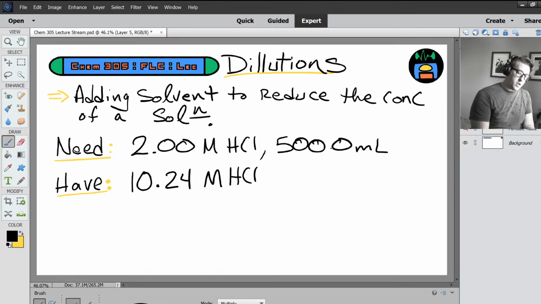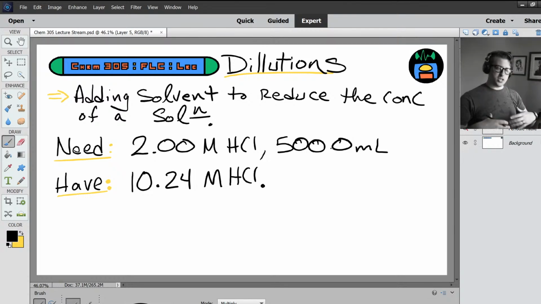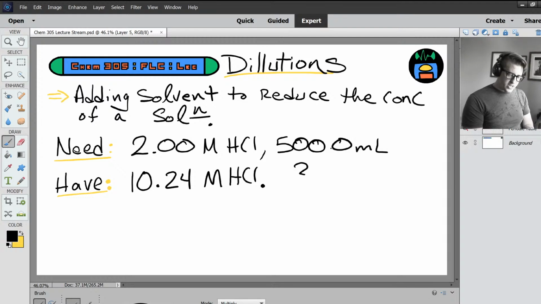And what the stockroom does is take that concentrated HCl and dilute it down so that the concentration is the correct amount, right? So we need to know how many milliliters of concentrated HCl they need to use to make 500 milliliters of 2 molar HCl.